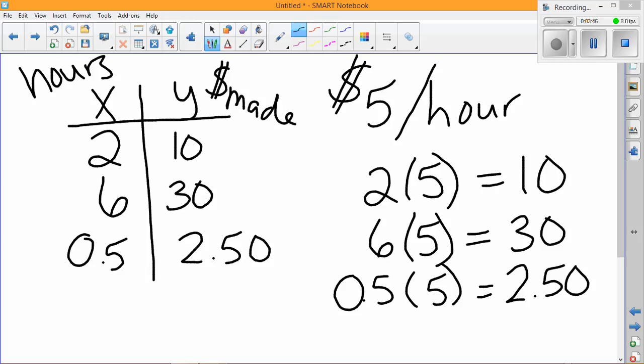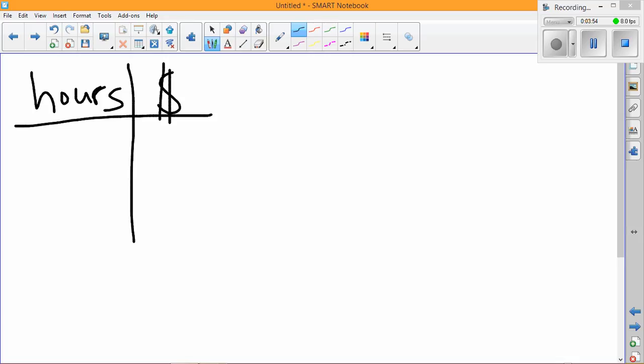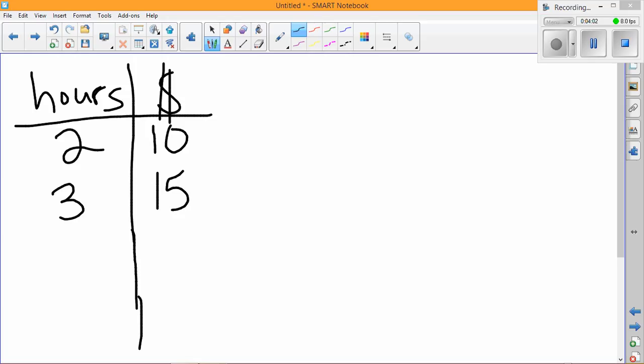If we are to graph something like this, I'll rewrite the table here. I'm going to put some different values on here so that we have a lot of points on our graph.